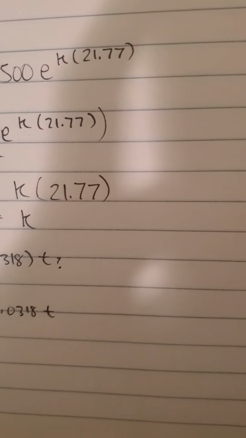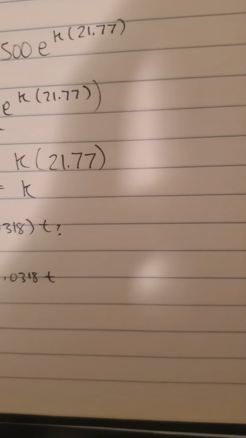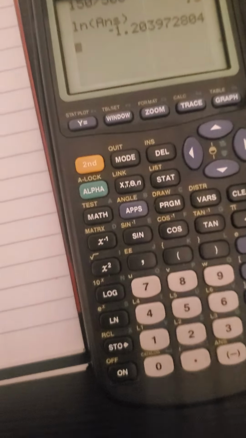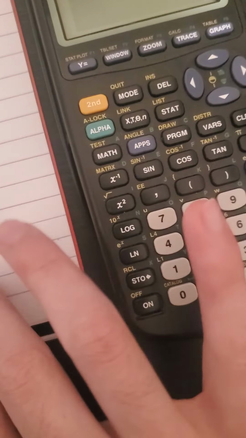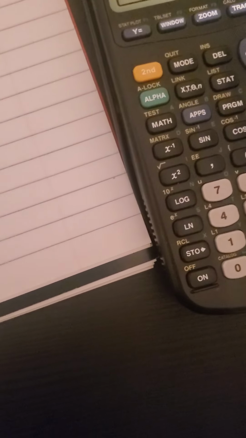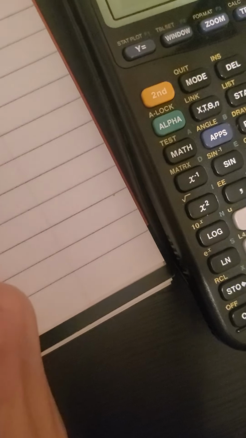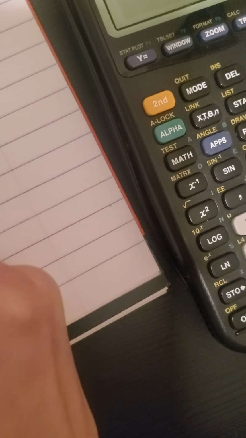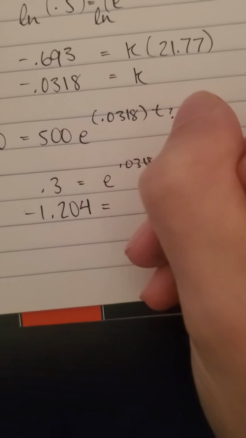ln of second answer. Dude, what the hell is second answer? Okay, get that, it is equal to negative 1.204 is equal to, taking the ln of this right here just cancels it out to where it's 0.0318 t.